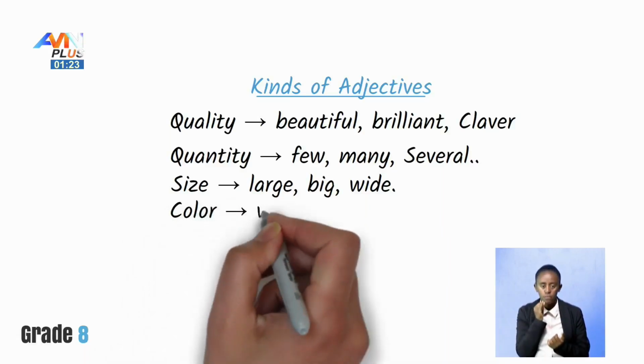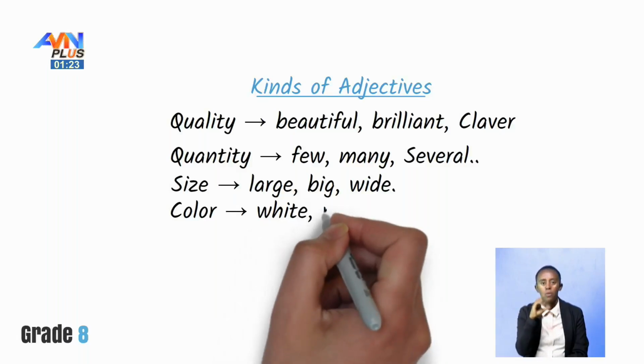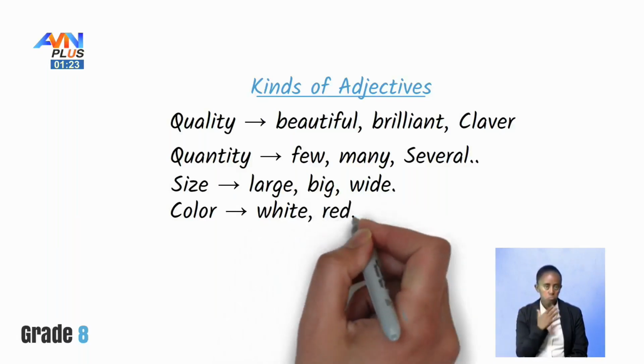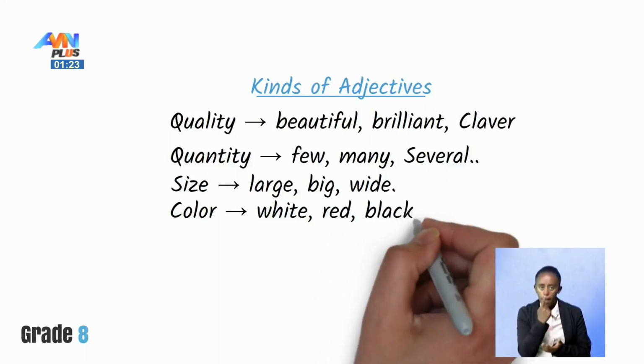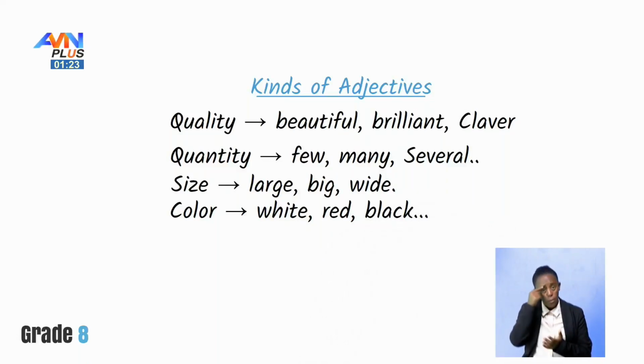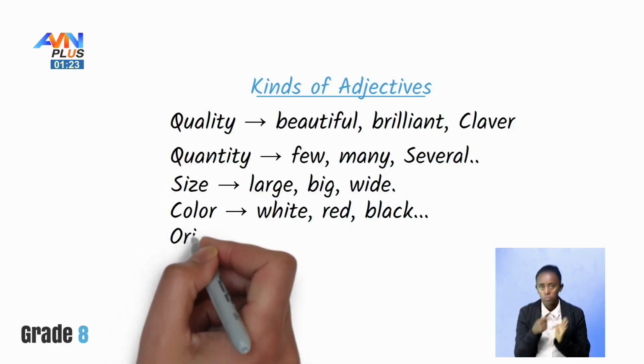The other one is color. It's common. Any kind of color, white, red, black, etc., still belongs to the part of speech that is adjective.